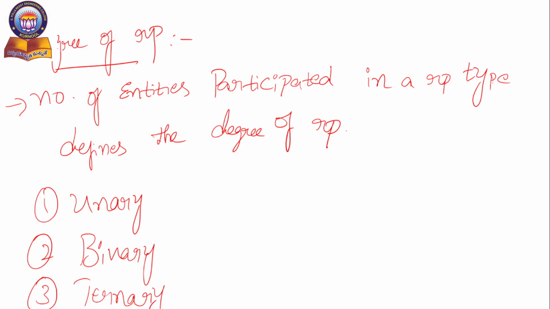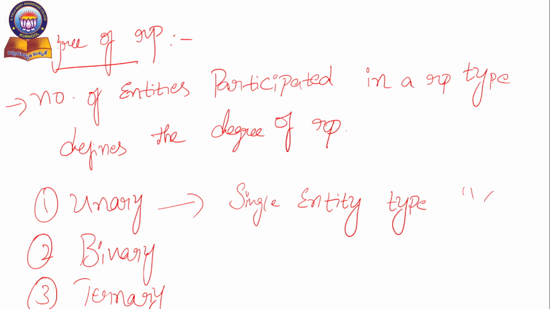Coming to the unary relationship. It is a relationship between the instances of a single entity type. So the degree of a unary relationship is 1. Next, move to the binary relationship.